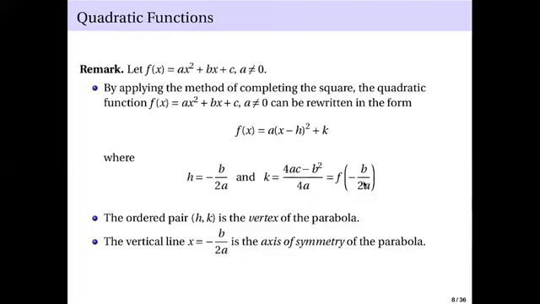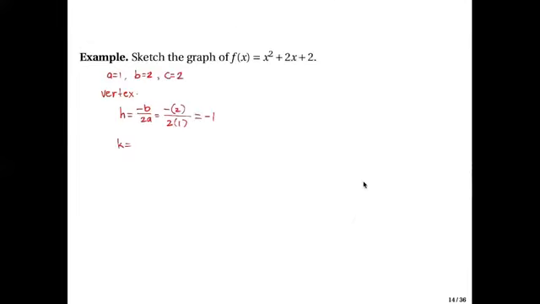Okay? So in here, your k is simply f of h, where you have obtained h to be negative 1. So this is just f of negative 1. If we replace our x with negative 1, we will have negative 1 squared plus 2 times negative 1 plus 2.